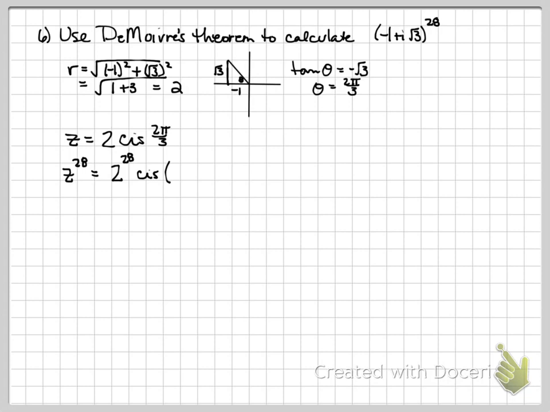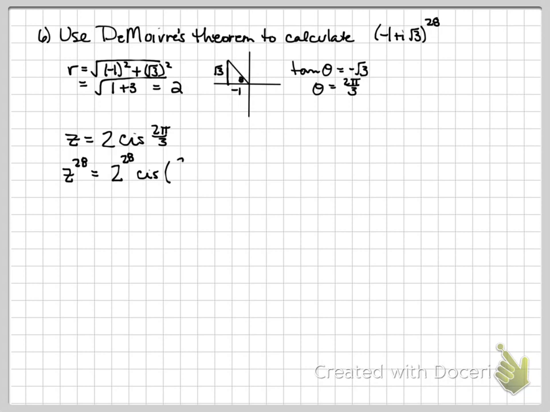Thinking back like we did with the last two problems, remember I said relate back to exponents. When I multiplied two things together, I added the exponents. When I divided things with the same base, I subtracted. When I take an exponent to an exponent, I multiply them.